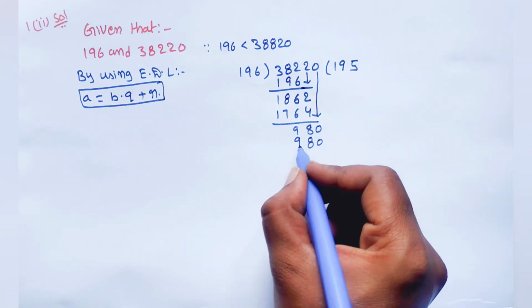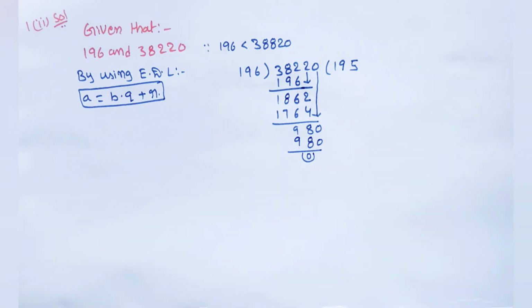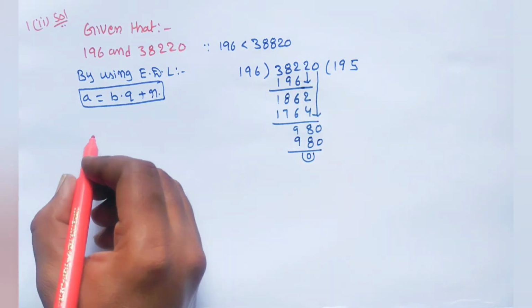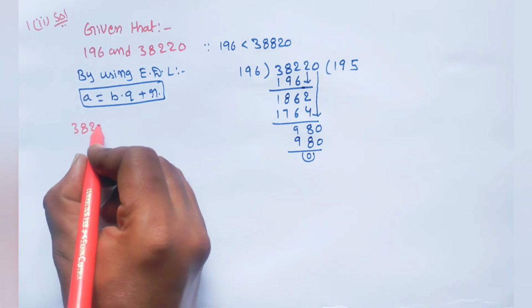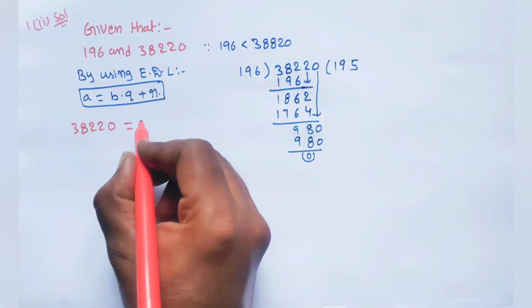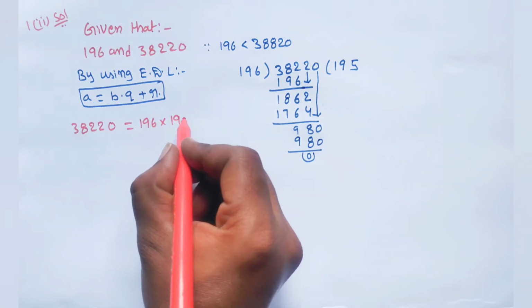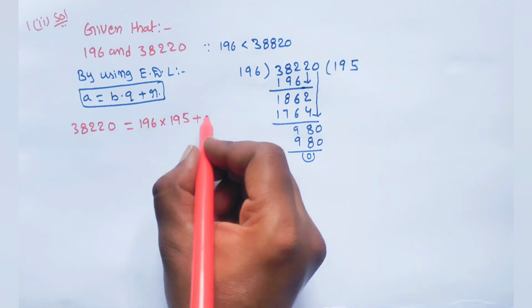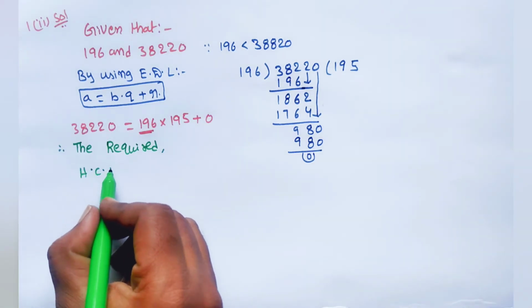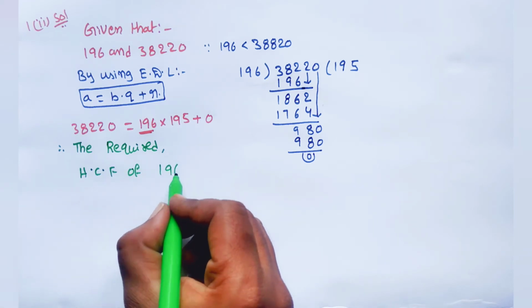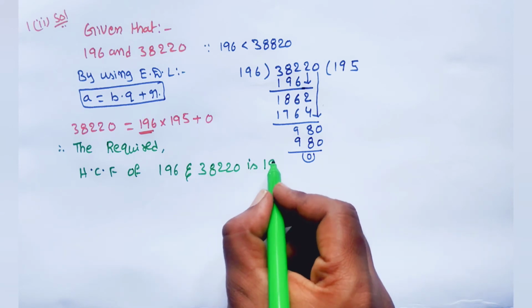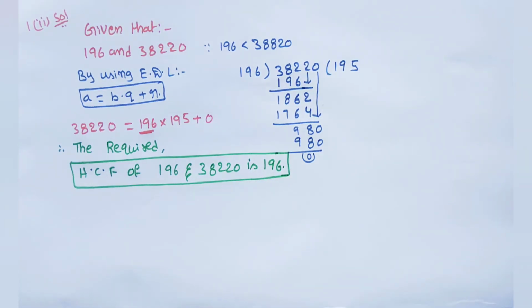So subtract, the result is 0, where A value 38220 equals B into Q, that is 196 into 195 plus remainder 0. The remainder value is 0, so we get the result: 196 is the HCF. Therefore, the HCF of 196 and 38220 is 196.